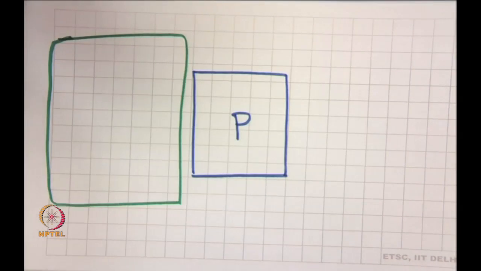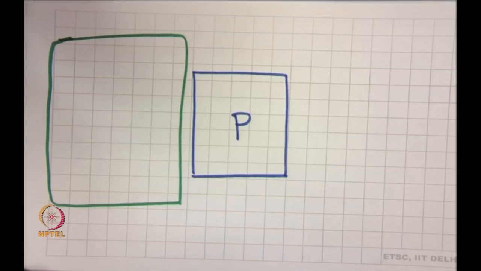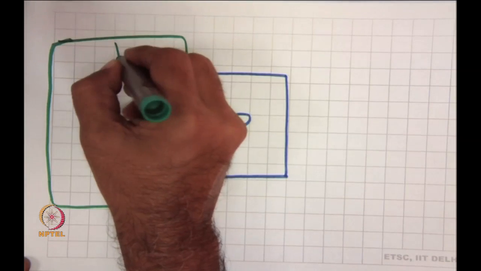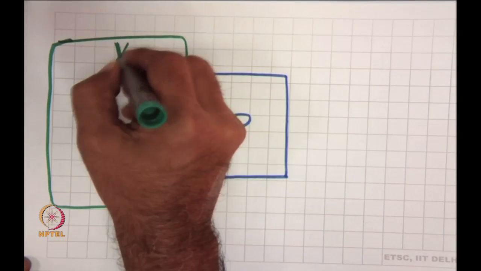a whole collection of memory maps. Okay. Think of this green box as essentially the set of all possible valuations. Okay.